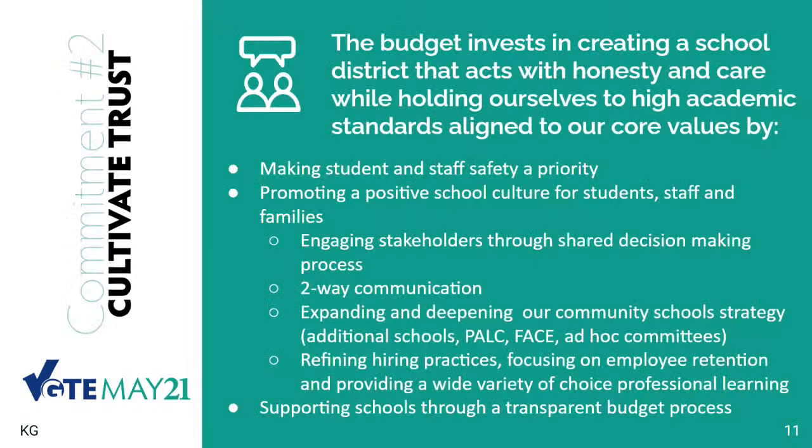In terms of cultivating trust, you'll see that first bullet is really looking at maintaining and making sure that for our students and staff, we've made safety a priority. The way that we do that is we spend a lot of money on it. We actually fund a director of security. We fund 2 security officers. We fund over 40 security guards.